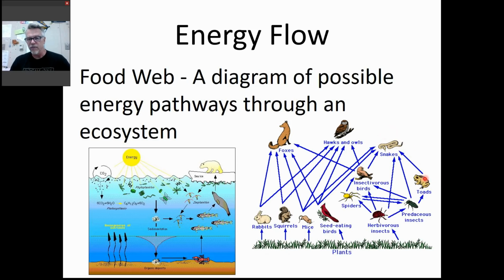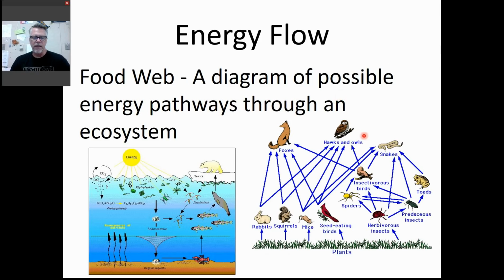So this snake eats toads, and this snake eats predaceous insects, and this snake eats herbivorous insects, and this snake eats birds, and this snake eats mice, and this snake eats, what's the other thing that it points to there? Birds. So the food web gives you a much broader image of the different relationships that are possible in an ecosystem.